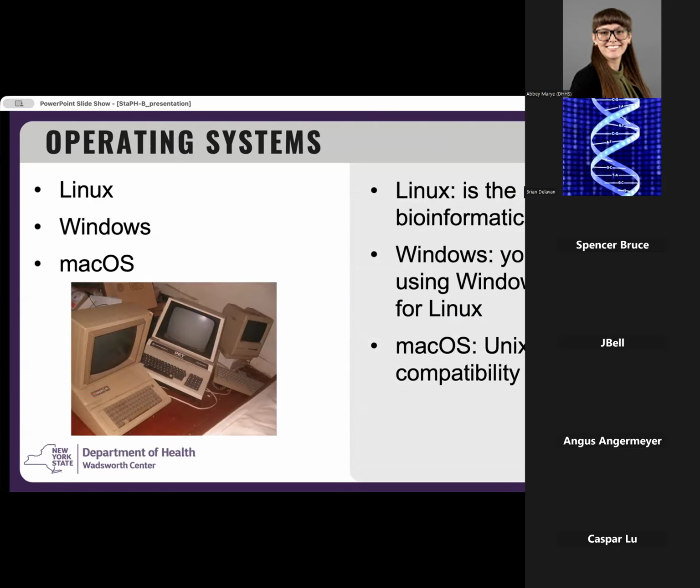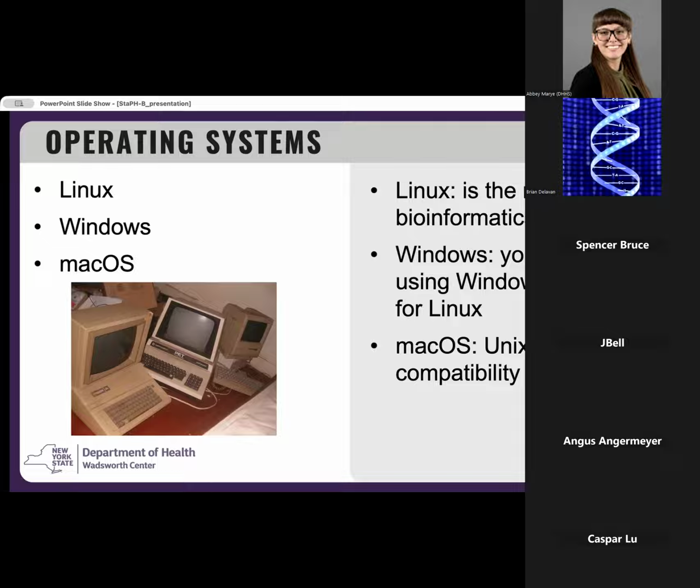We can still theoretically do bioinformatics on Windows using something like the Windows Subsystem for Linux, or on Mac OS, because Mac OS is very Unix-like, although there are some compatibility issues. For many of us in public health, we are likely using Linux virtual machines that are set up by our IT department or configured in the cloud.